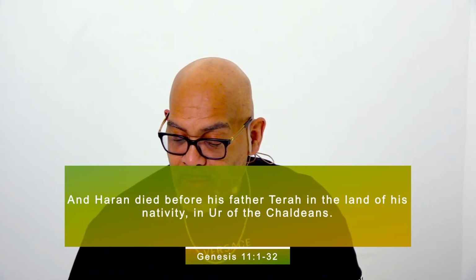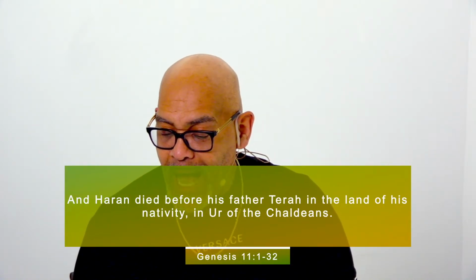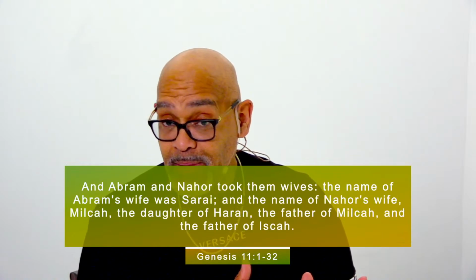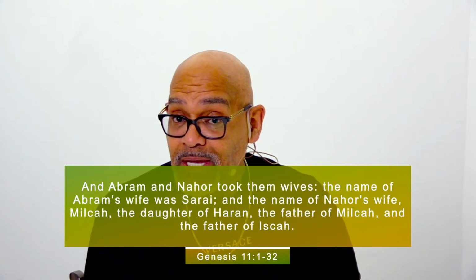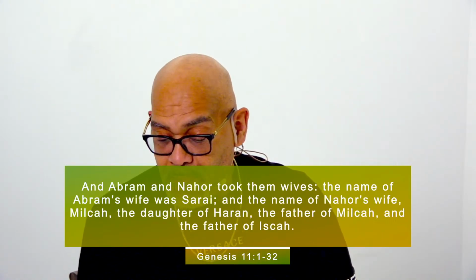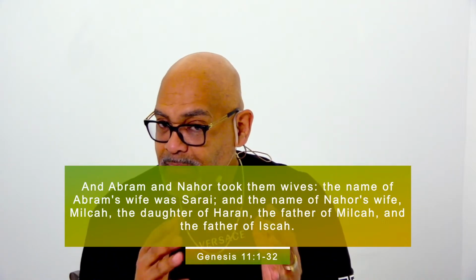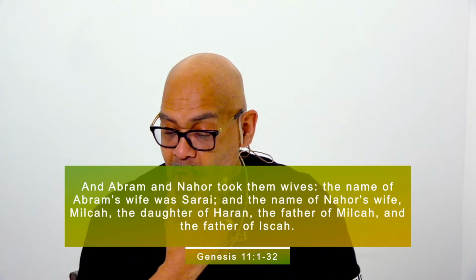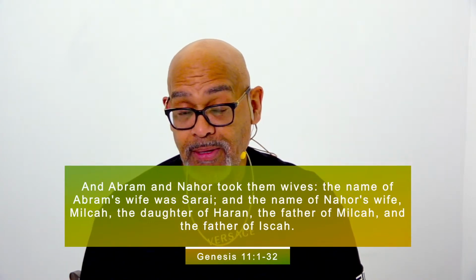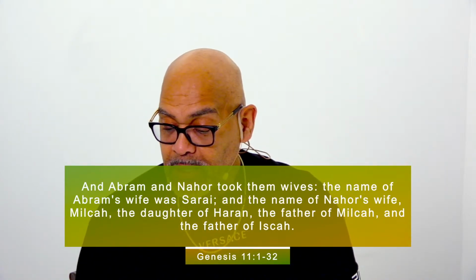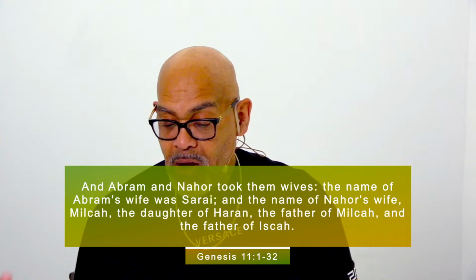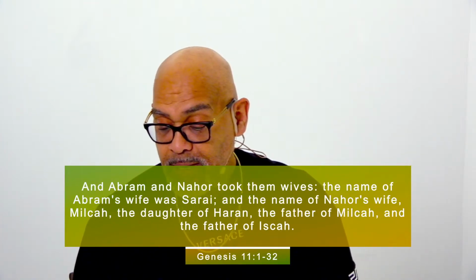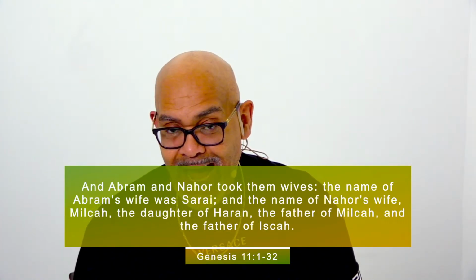Verse 29, Abram and Nahor took them wives, because his name is not Abraham yet. This is his birth name of Abram. God's going to make him the father of many nations, but this is his name now. So Abram and Nahor are the named children that Terah still has, because his third son has already died.